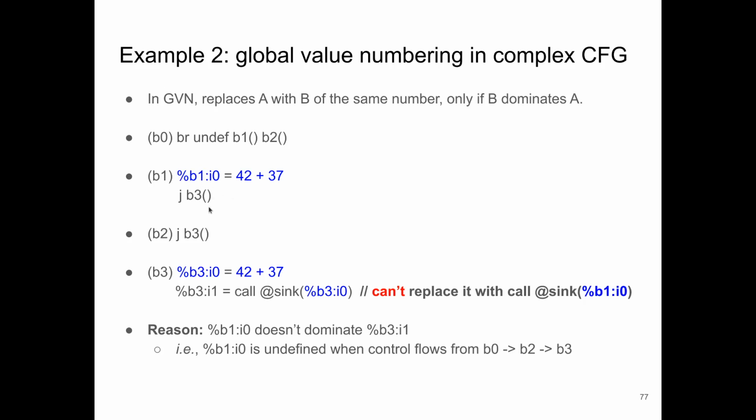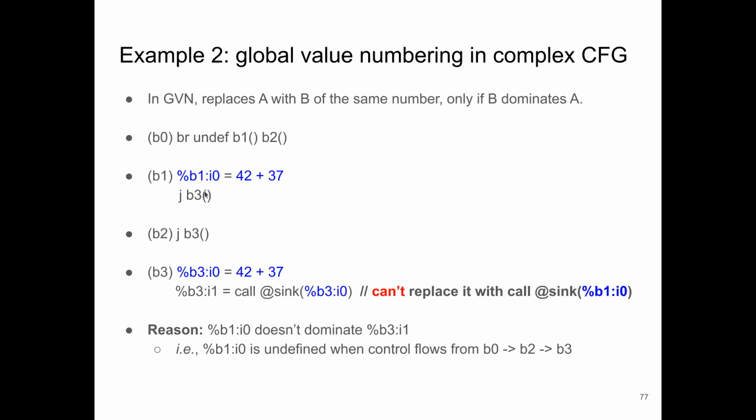The reason is, it may be possible that the control flows from B0 to B2 to B3. And if that is the case, B1's I0 is never defined.